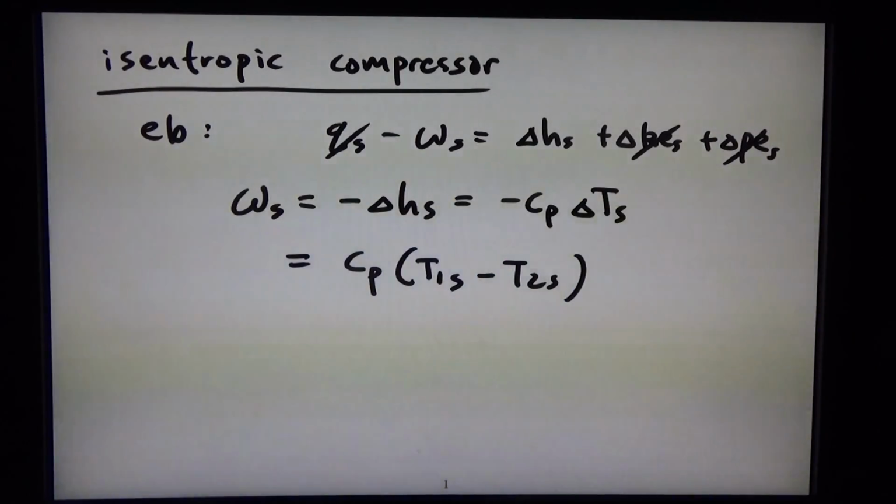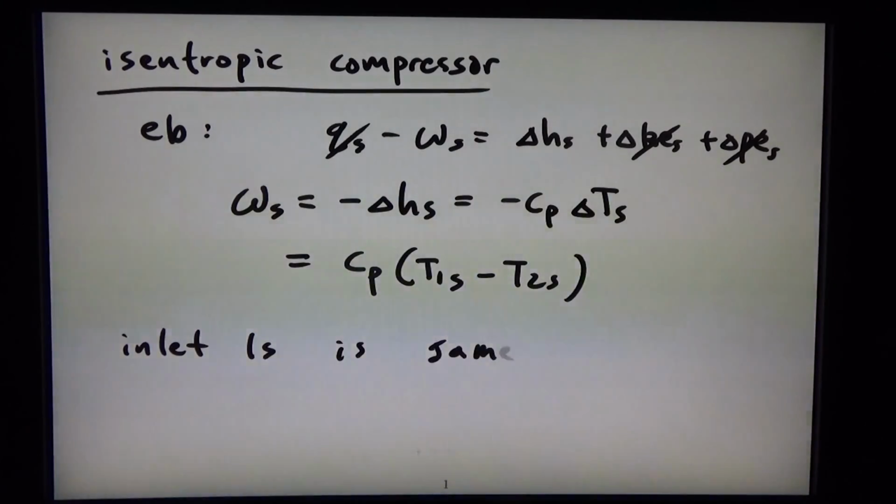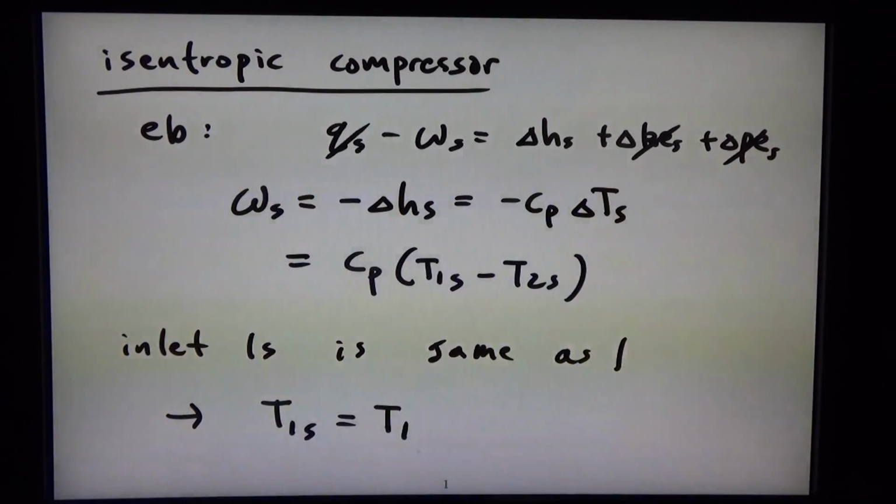So T1S we know from the isentropic compressor. The way we define isentropic efficiency is that the inlet state for the isentropic device is the same as the inlet state for the actual device. So that gives us that T1S is just equal to T1, which was 285 Kelvin.